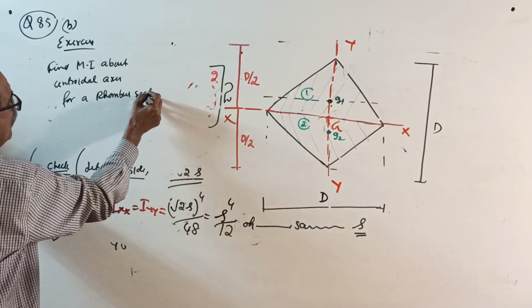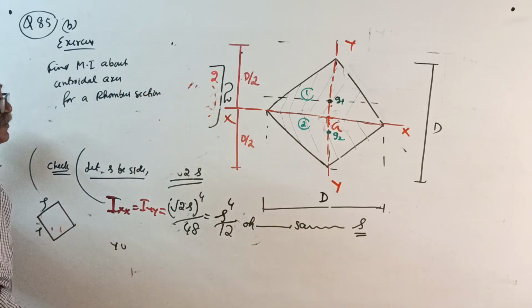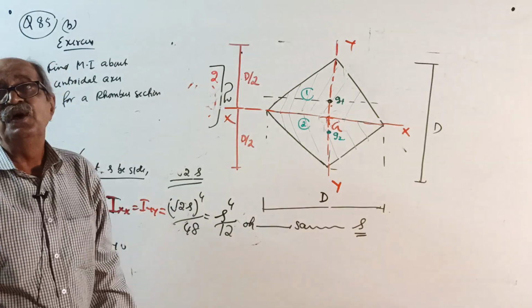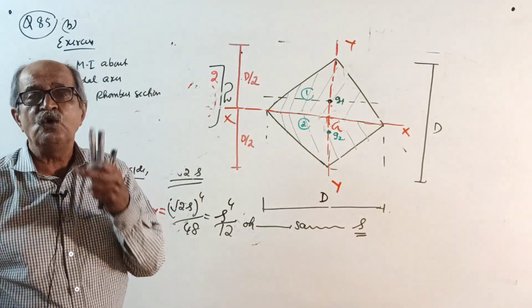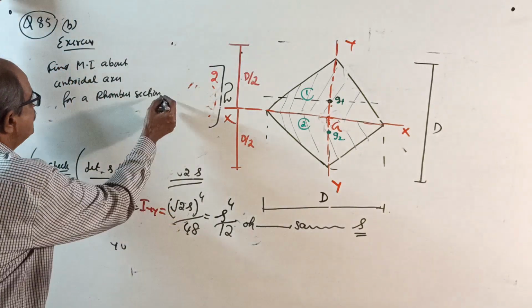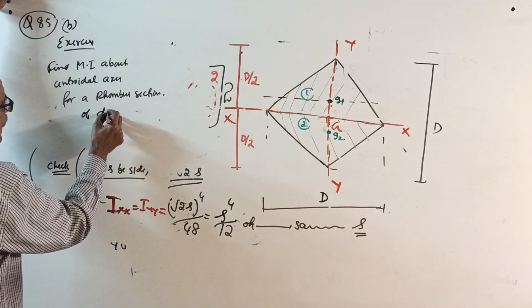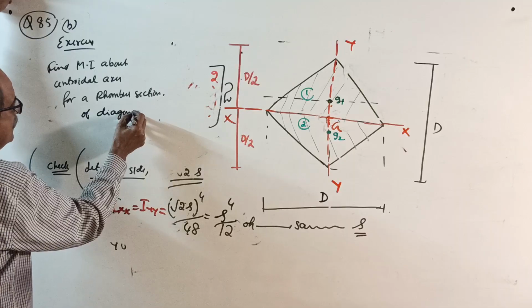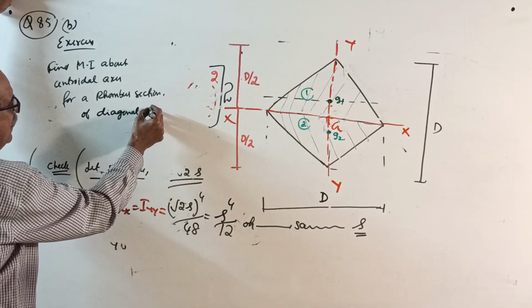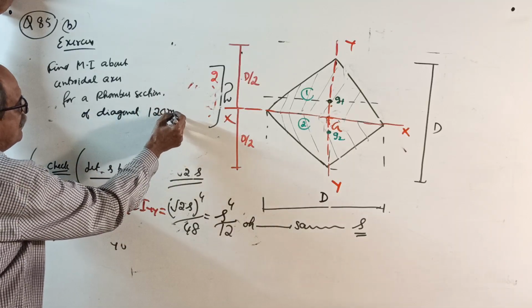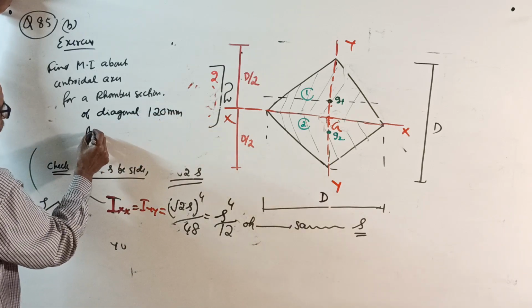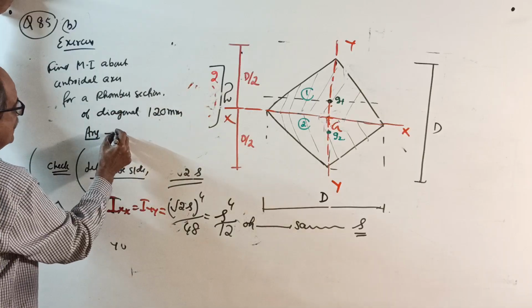If you study all this, it is useful for your bending and shear stress chapter, plastic analysis, and also competitive examinations. Okay. Section of diagonal, any diagonal 120 millimeter. Okay. I will give answer. You take full exercise, answer.